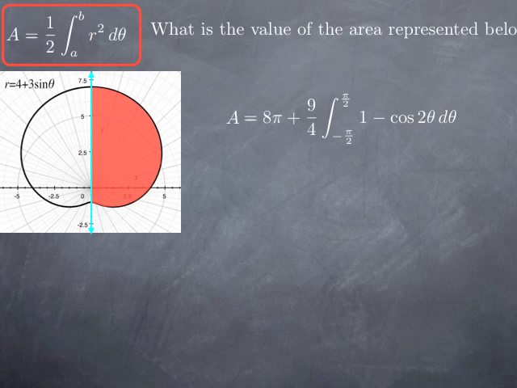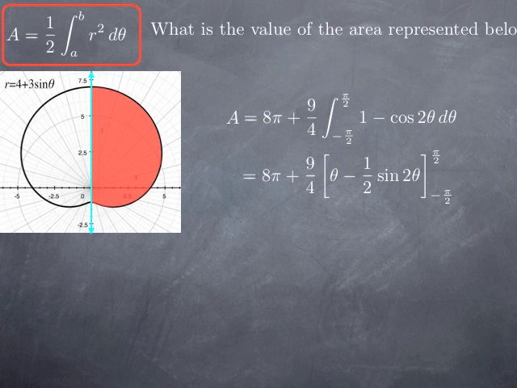And now we know how to find an antiderivative for 1, that's just theta, and for cosine 2 theta, that's just 1/2 sine 2 theta. So we obtain 8 pi plus 9/4 of theta minus 1/2 sine 2 theta that we evaluate between negative pi over 2 and pi over 2.